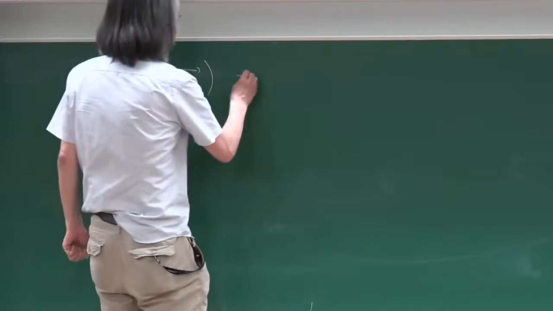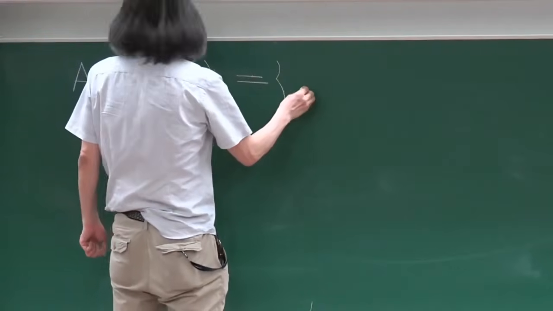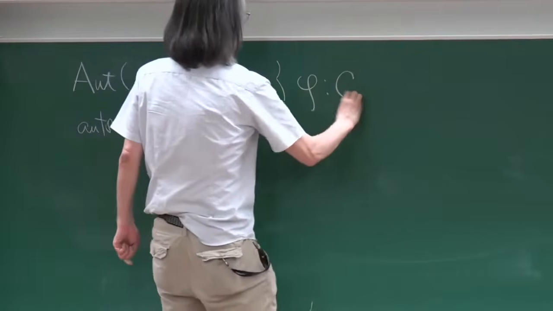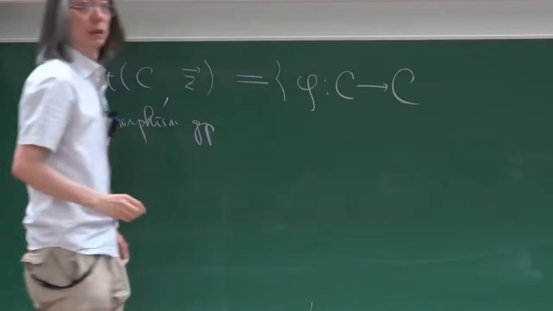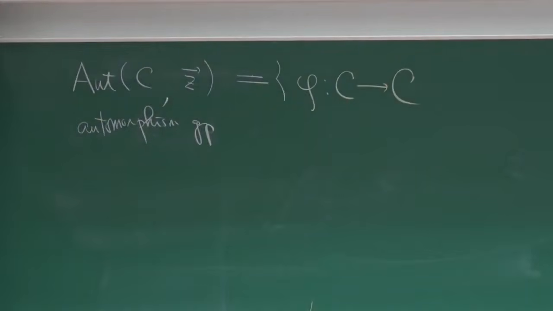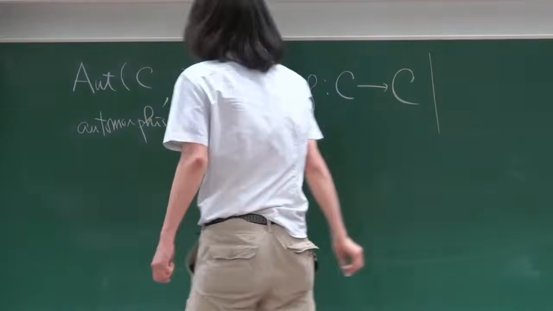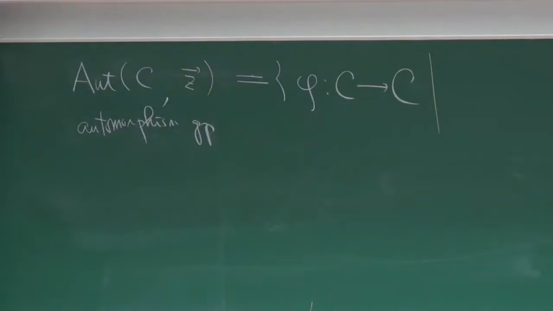So what does it mean? So this is a mapping phi from C to C. And so for each component Ci, it is just a Riemann surface.